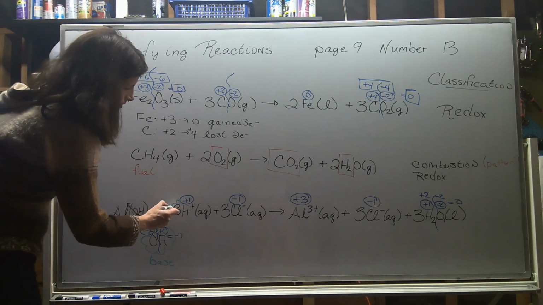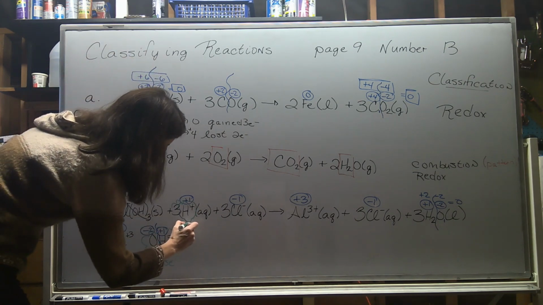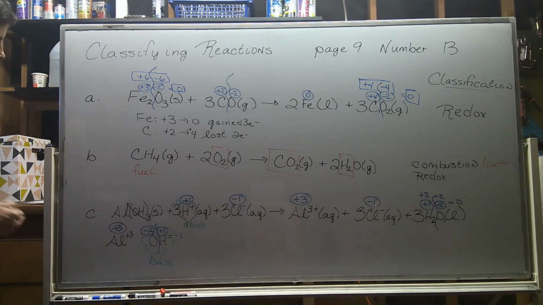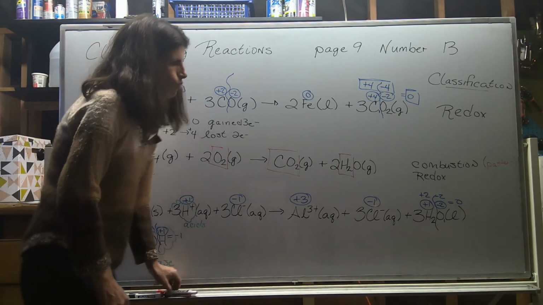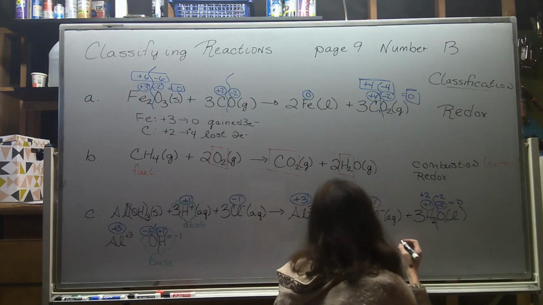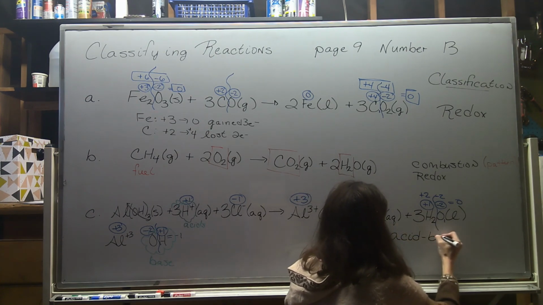And then you have H+, those protons that are associated with acids. So we have something that's a base and something that's an acid, and then over here we form water, which means officially this, if you had to classify it, it would be an acid-base neutralization reaction.